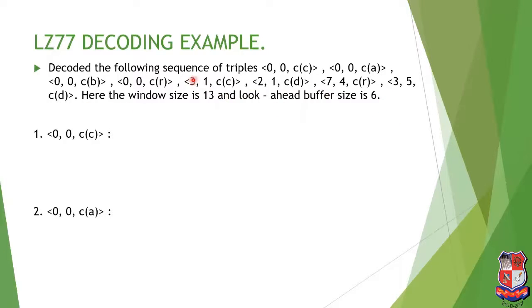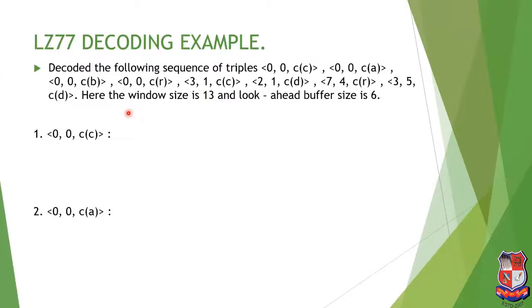In our example, the triples, the window size and the look ahead buffer size are already given. Of look ahead buffer size, window size and search buffer size, any two are given in our example.